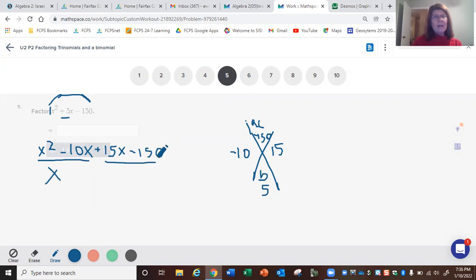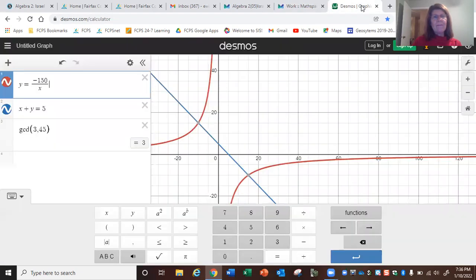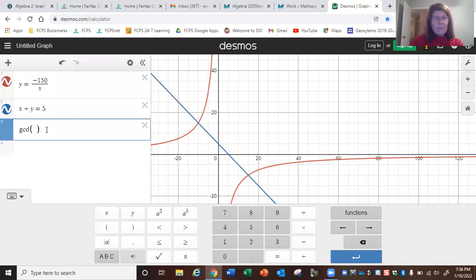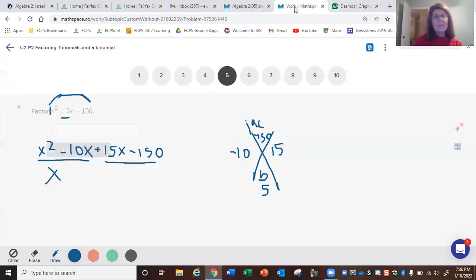Here, the GCD of 15 and 150, you can ignore the negative, and the common factor is 15. So I'm going to put a 15, and this is positive.